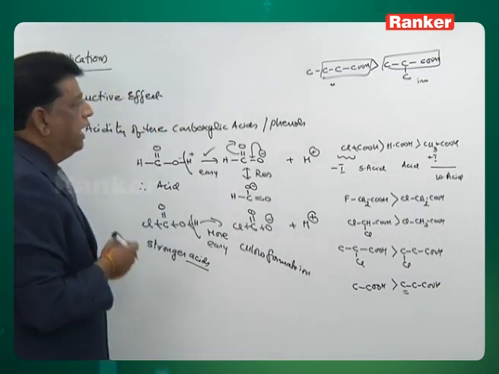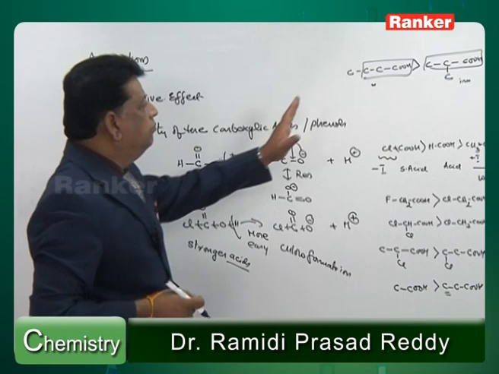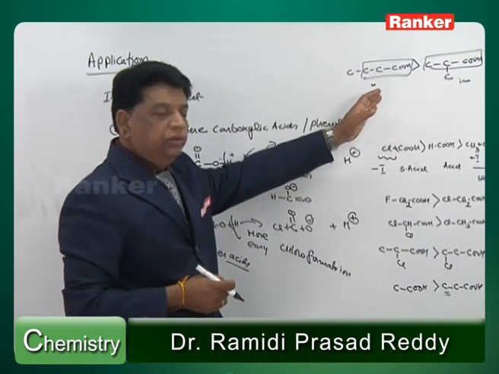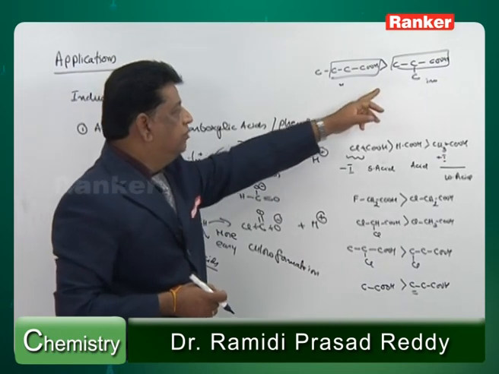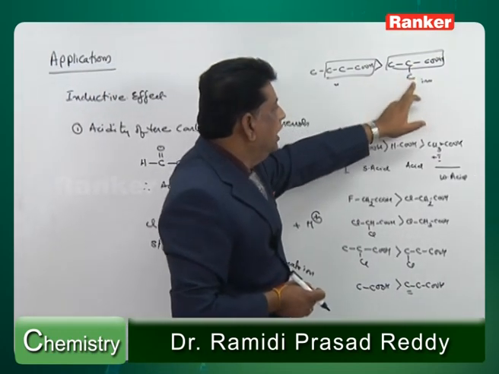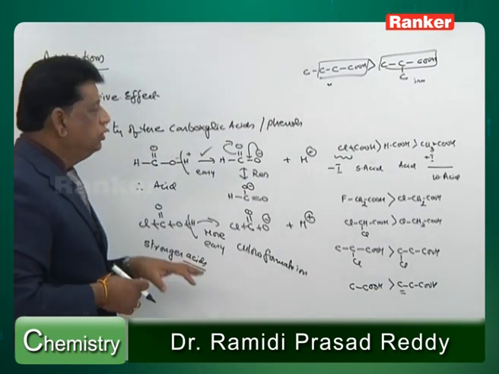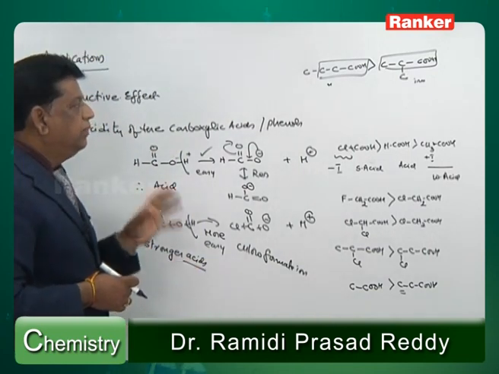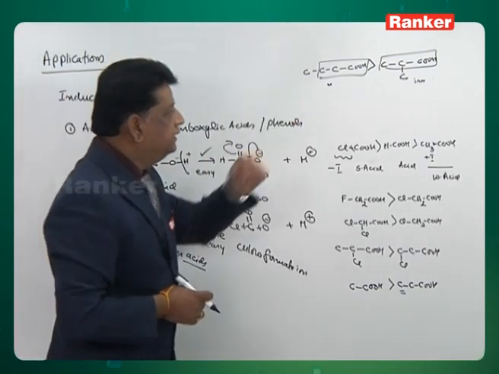N-butyric acid is stronger because the methyl is a donating group, and it should be away from the system, then it will become the strong acid. If the donating group is closer, it will become a weak acid, isn't it? The -I group should be closer to increase the acidity, and the +I group should be away from the system so that the acidity is more.